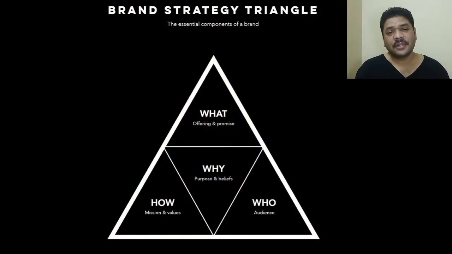As we said yesterday, we were talking about the brand strategy triangle. If you are very clear about the 4 key points: why you are doing this campaign or why you are creating this design, second, who is your audience, and what is the difference between you and your competitor, what is your strength and what is your competitor's strength.